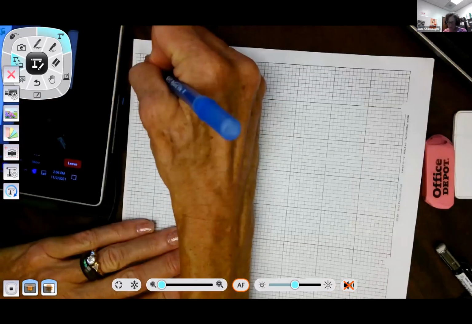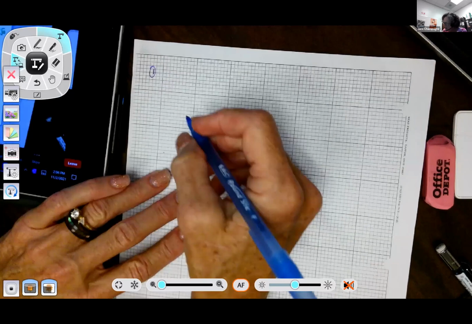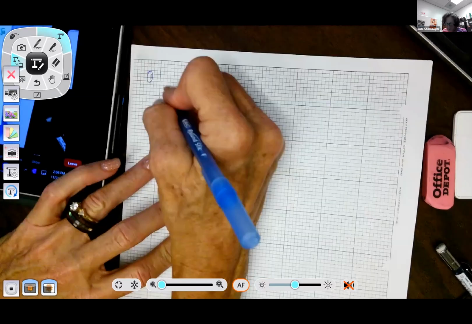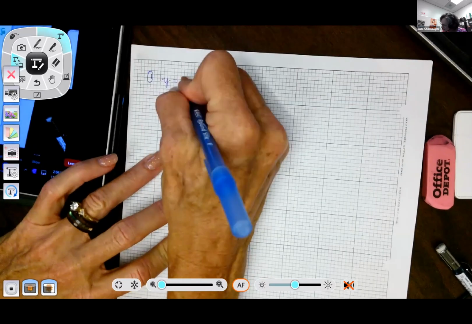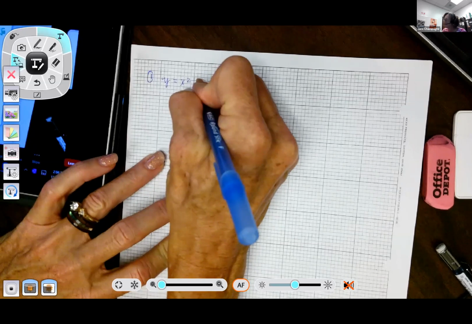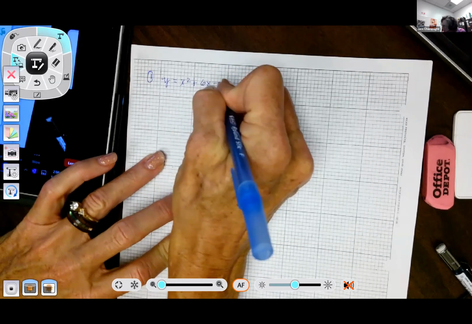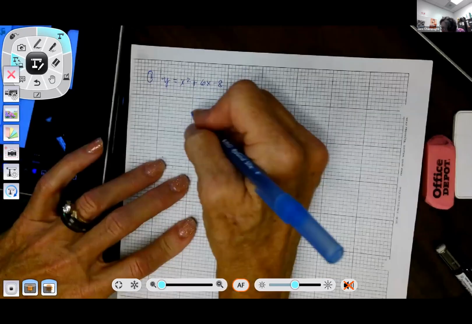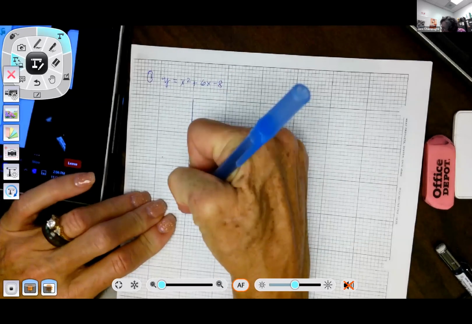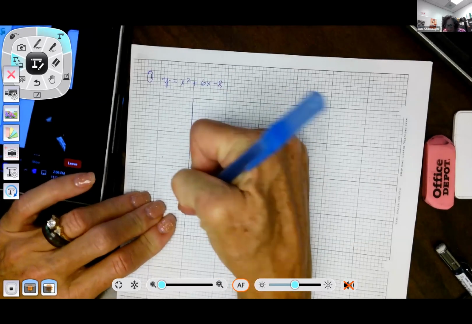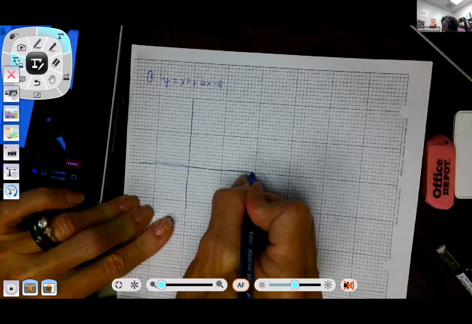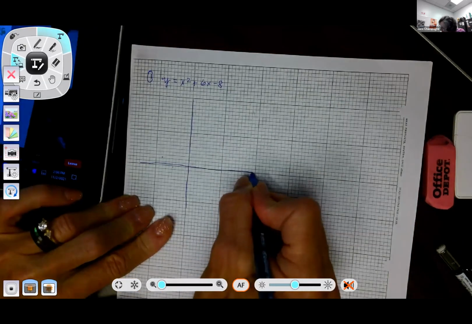So number 1 was y equals x squared plus 6x minus 8. So this one, we had a vertex at -3, -17.